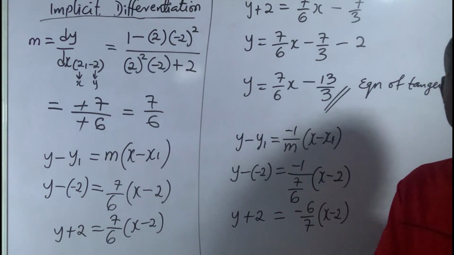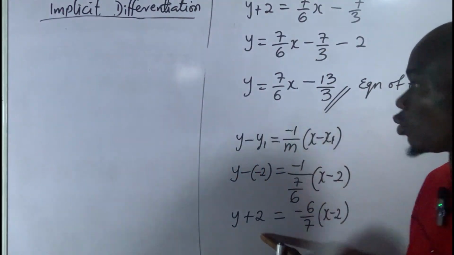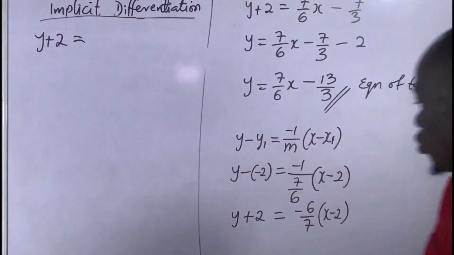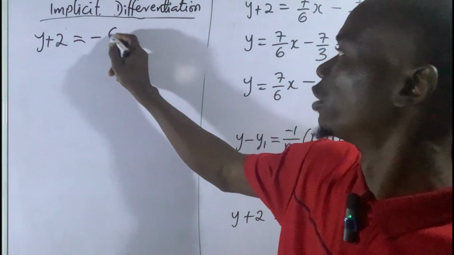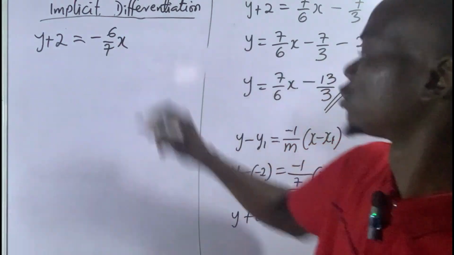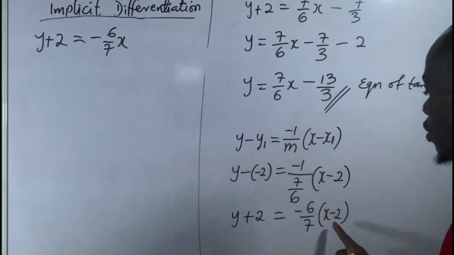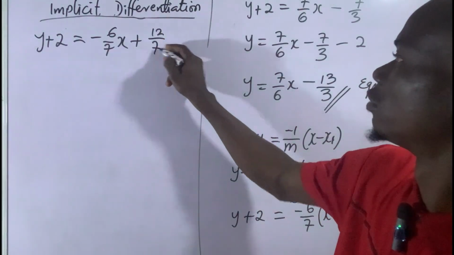So let's see what we have next. So solving further, this is y plus 2 equal to minus 6 over 7 times x, which will give us minus 6 over 7x. Minus 6 over 7 times minus 2 will give us plus 12 over 7.